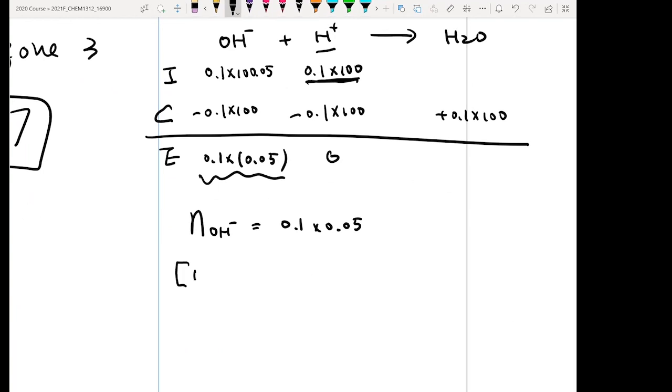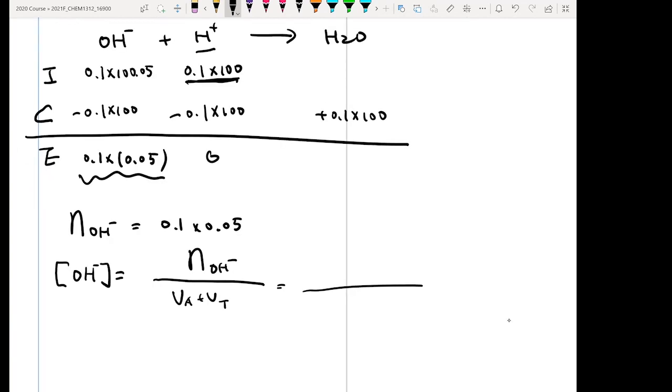But the thing we care about is the OH- concentration, right? So you want to calculate your OH- concentration, which can be obtained from the number of moles of OH- divided by your V total. Your V total will be the volume of your aniline plus the volume of your titrant. The number of moles of OH- is 0.1 times 0.05.